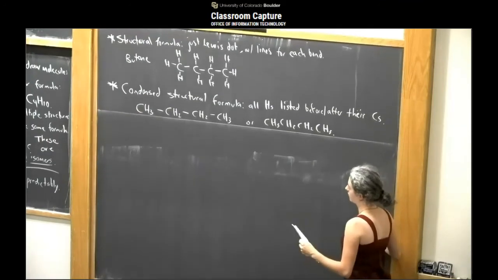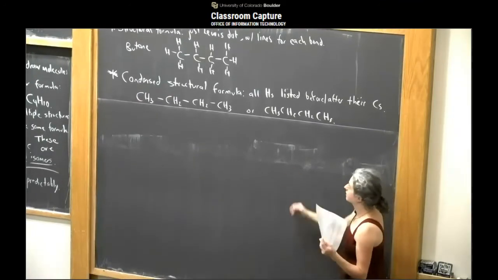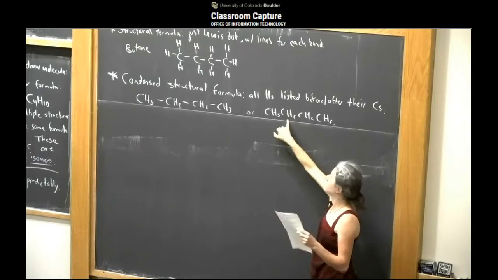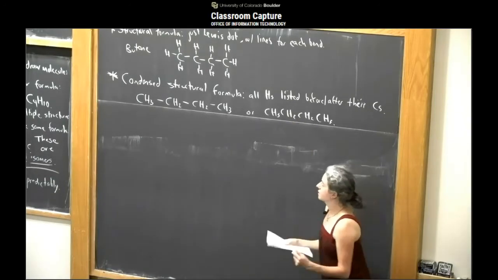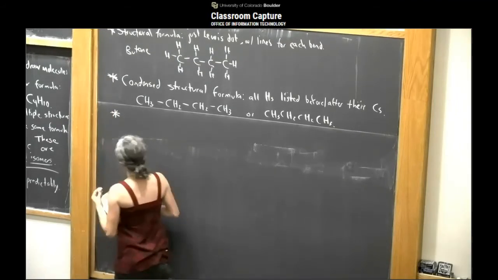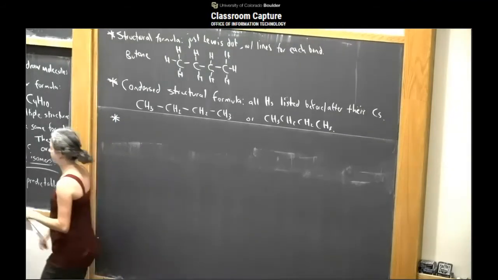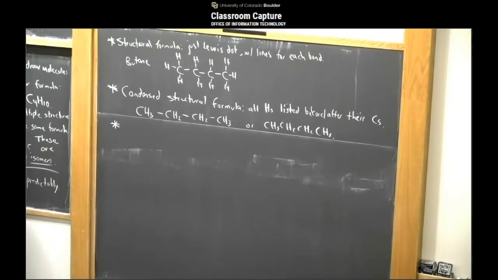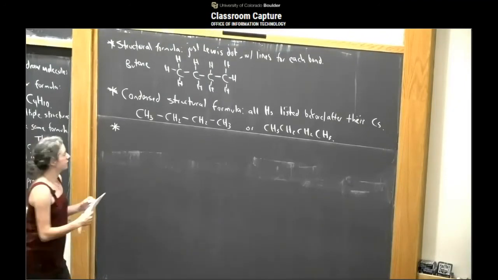Okay, if we want to be even more efficient, we can notice that there's actually 2 repeat units of CH2 in here. So why don't we just use parentheses and group those all together? For butane, it doesn't make that big a difference, but especially for something like decane, where we've got a whole string of methylenes in a row, this will save us some work.